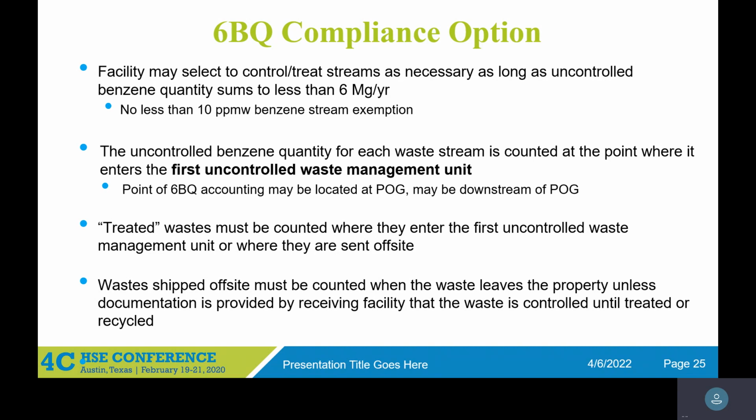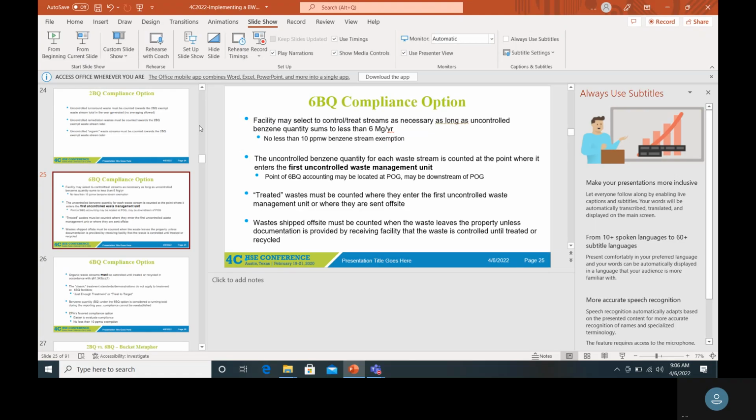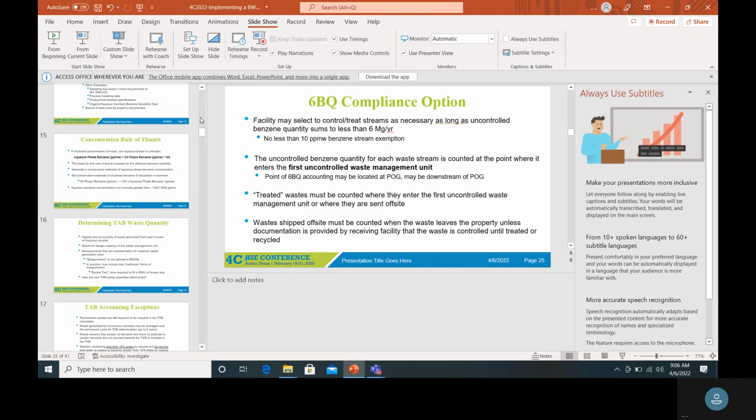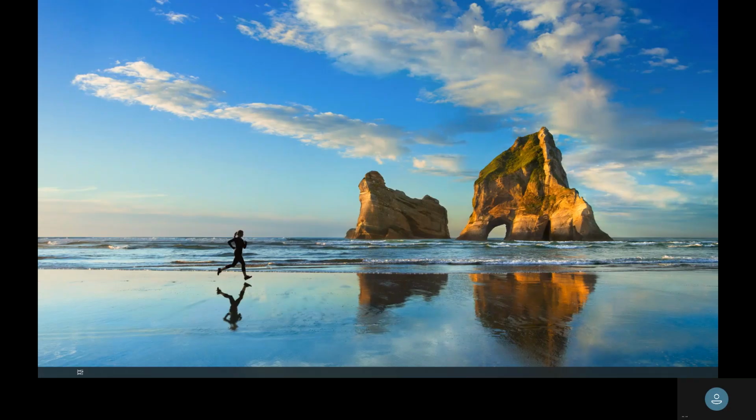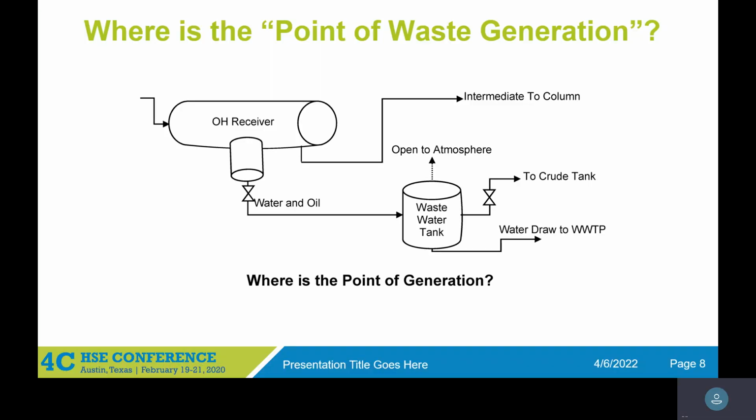So if we were to go, I really wish I had a blackboard. So if we were to go to this stream, let's say this was control, right? So the TAB, you will count the point of generation here. The TAB doesn't care whether you're controlled or not, just as long as you're wasting your rate at the percent water, here it goes.